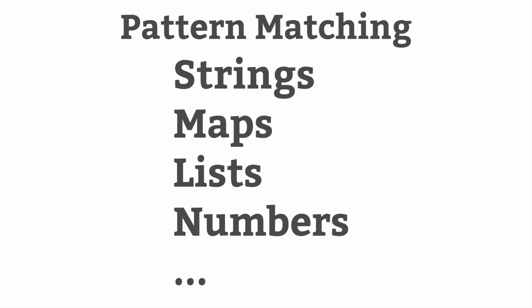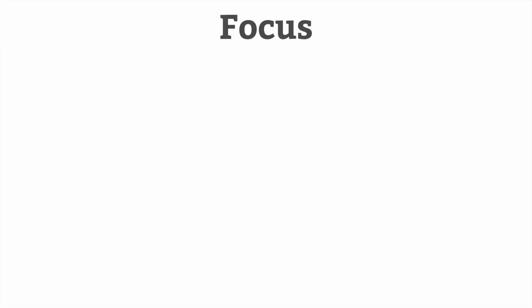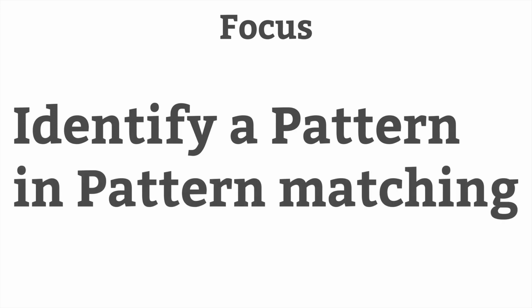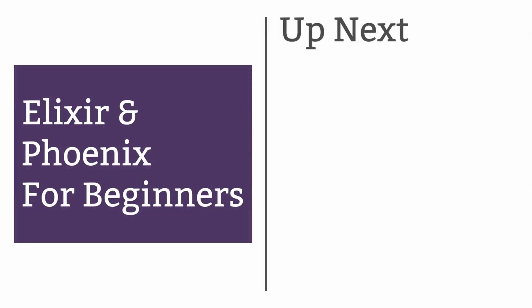But here's what I think is really important for you to focus on right now. Over the next several videos, I want you to try and identify a pattern in how we use pattern matching. Wow, that's a loaded sentence, but seriously, try and get your mind on the lookout for some patterns to what we cover in the next few videos on pattern matching. Okay, in the next video, we'll take a look at pattern matching with maps.